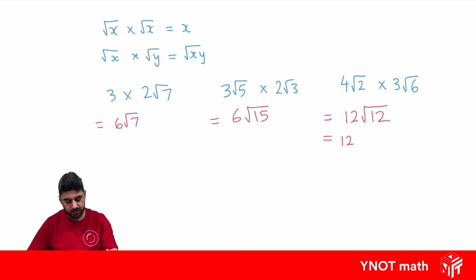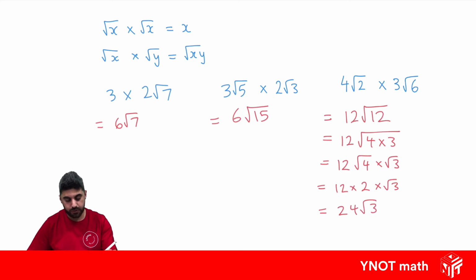So we get 12 root 4 times 3, which is 12 times root 4 times root 3. 12 times root 4 is 2 times root 3. 12 times 2 is 24, so we get 24 root 3, fully simplified.